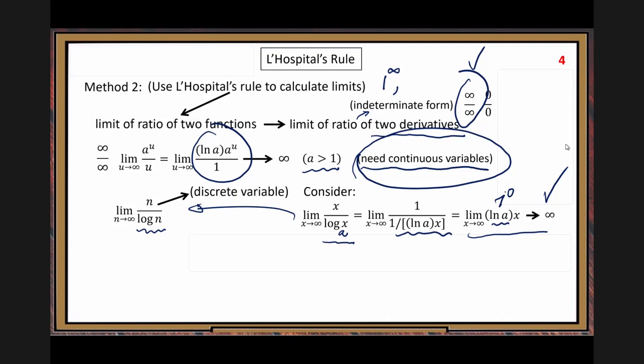After we get a continuous version limit, can we go back to the discrete version of the limit? We need to make a last step: go back from the continuous variable to the discrete variable. The answer is yes. We can make it. Then we can say the limit of this discrete version is also infinity.